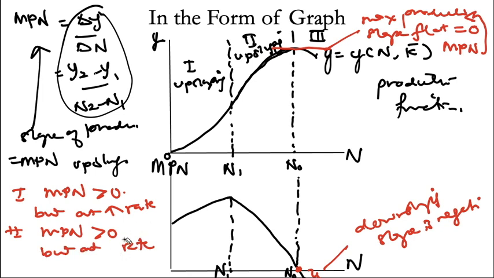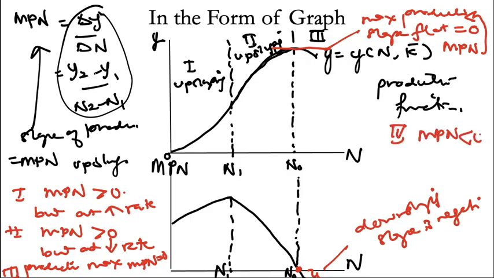When the total product, the production function, is at maximum, MPN equals 0 because MPN itself is the slope. The slope is flat. When MPN, or the slope, is negative, the production function decreases. You can see the production function decreases, downsloping.